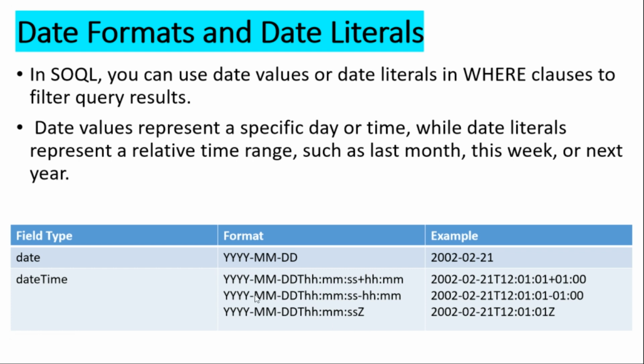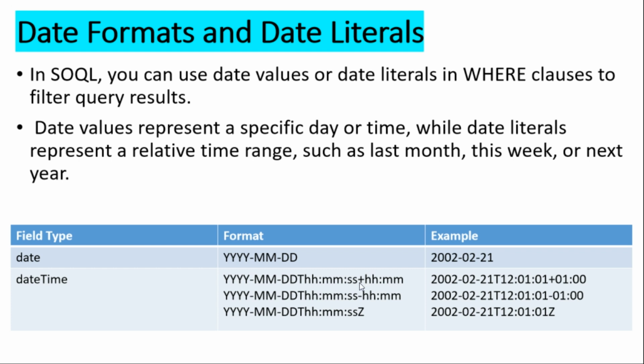Here for the datetime we have three formats. Y represents year, M represents month, D represents day, T represents time, H represents hours, M represents minutes, S represents seconds. Here, after the S you are able to see the plus. This H represents hours and M represents minutes.